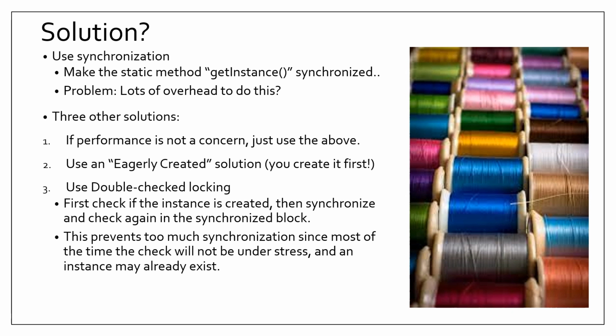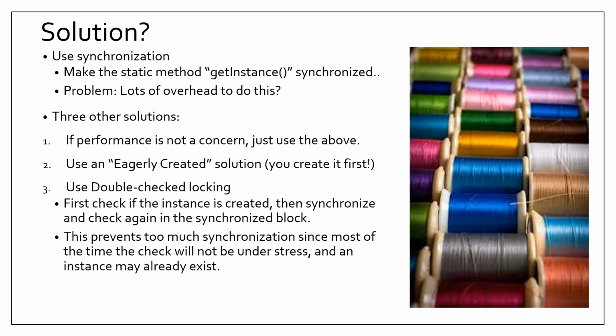The other thing you could do is use what's called double-checked locking. In the double-checked locking method, you're in that getInstance method, and the first thing you do, you don't lock the entire method. You simply say, hey, is the singleton object created? Does it exist right now? If it doesn't, then the command that is going to create it is synchronized. So you simply put the synchronization inside the if block.